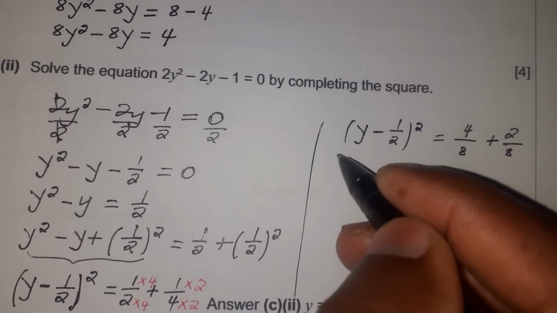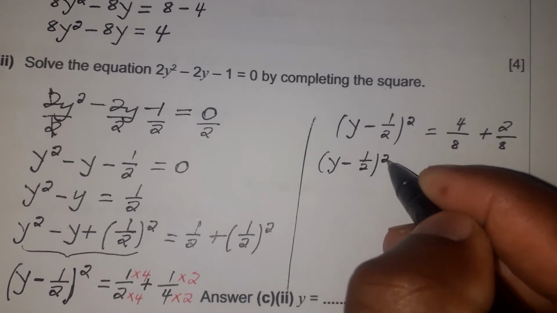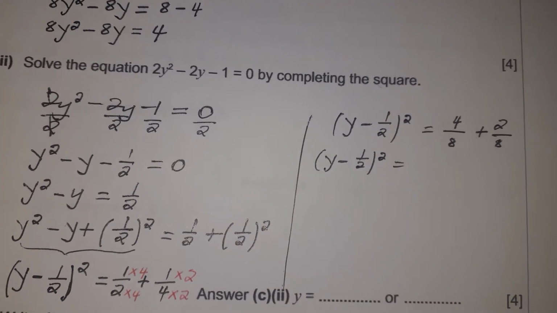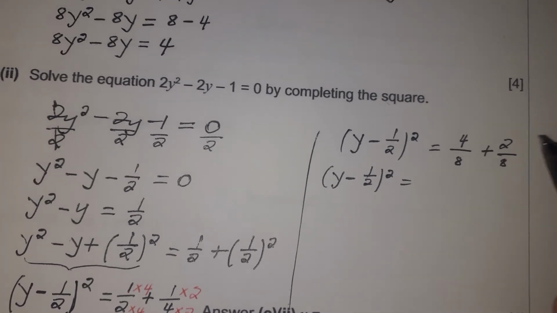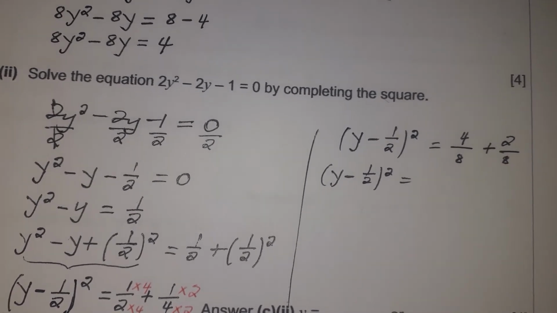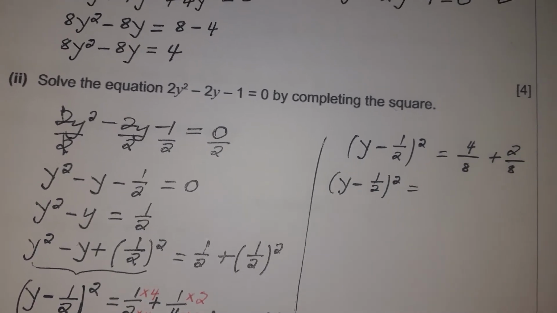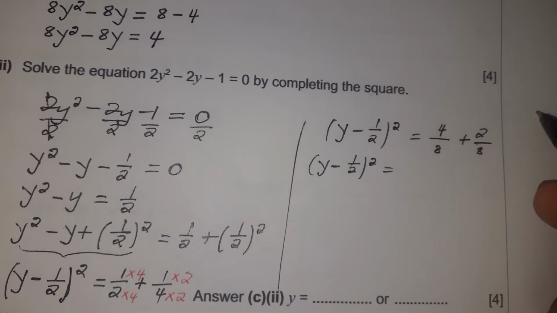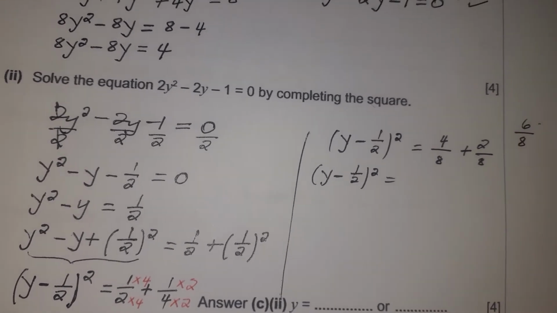Let's rewrite this. Now we only need to add the numerators. If we add the numerators, we have 4 plus 2 is 6. Let me write 6 here, 6 over 8, the same denominator.